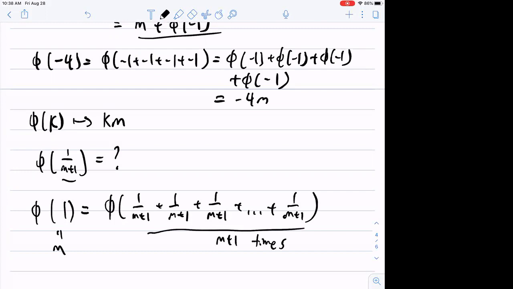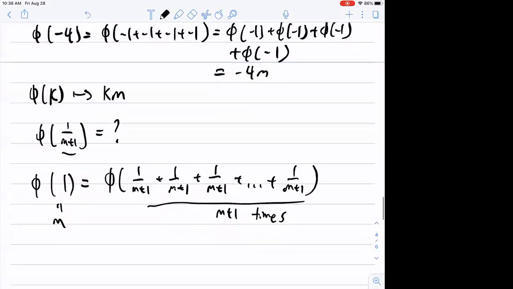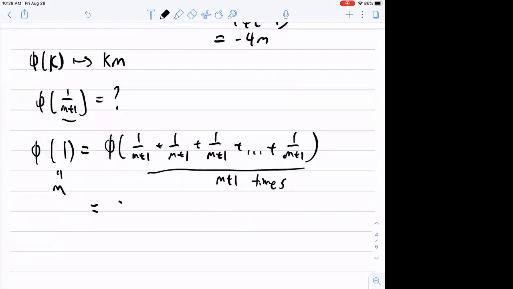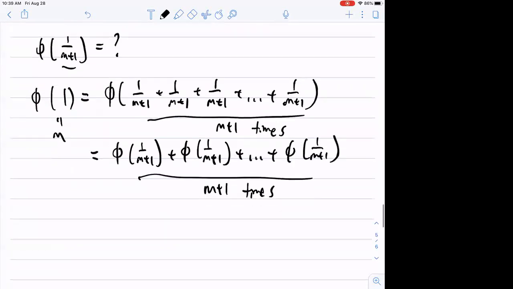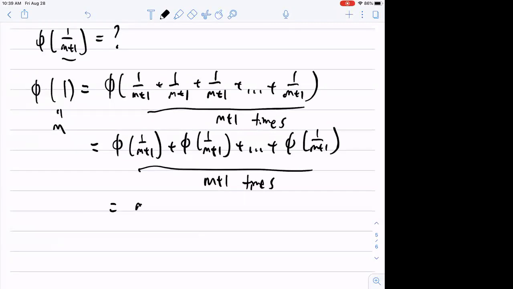Everyone clear? Good. And then by the property of isomorphism, it has to be this, m plus 1 times. So this is equal to m plus 1 times phi of 1 over m plus 1.